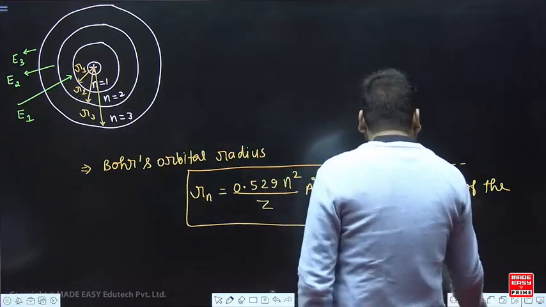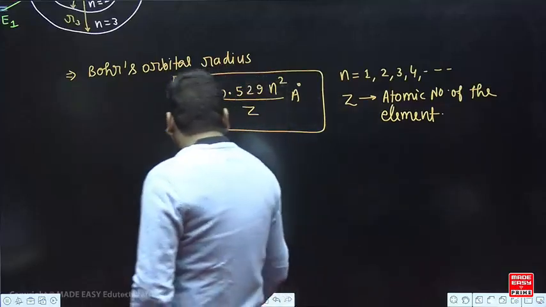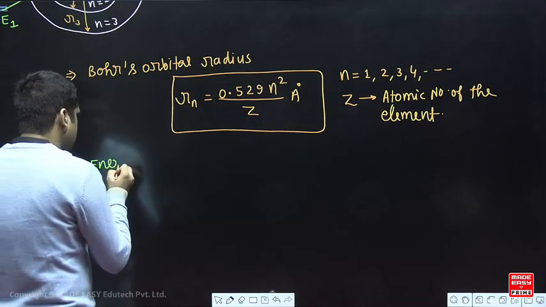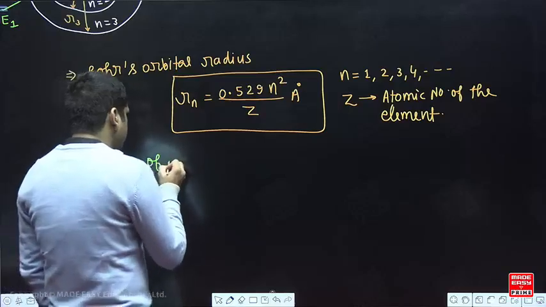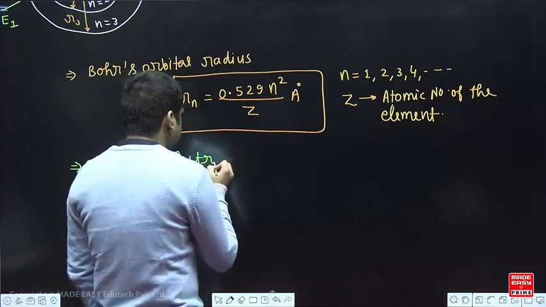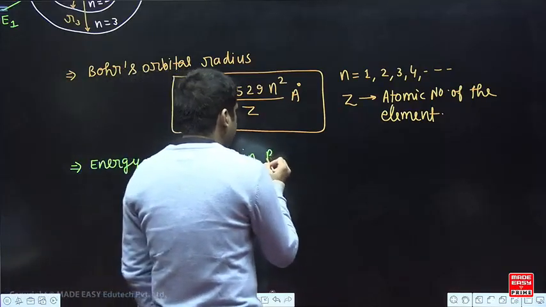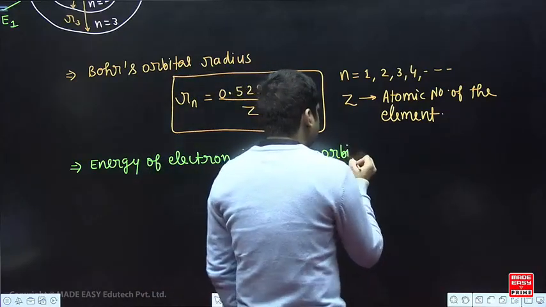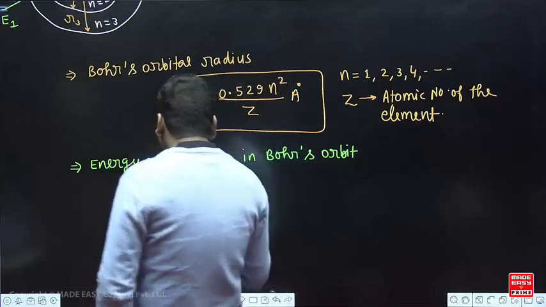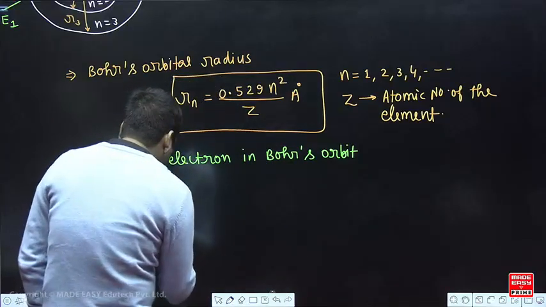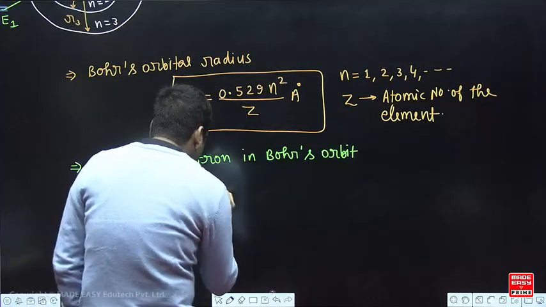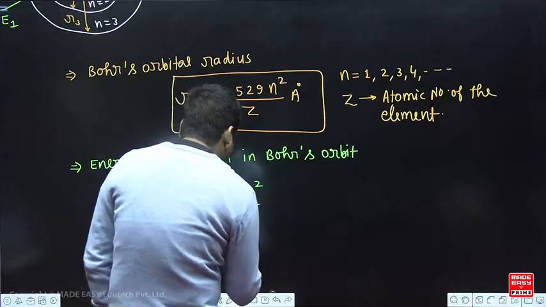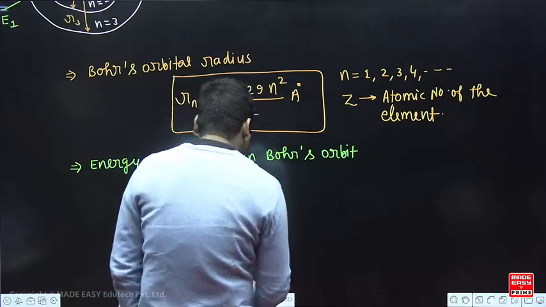So energy of electron in the Bohr's orbit can be given as En is equal to minus 13.56 Z square upon n square electron volt.